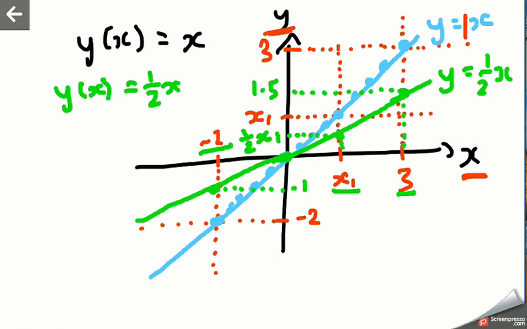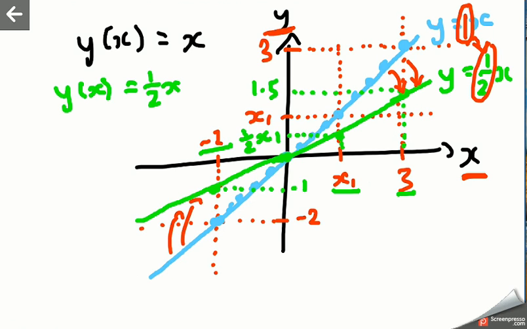By decreasing this number from 1 to 1/2, it decreases the slope of the line. It causes the line to rotate around like that, because all of a sudden my y values are only half as big for the same x value coming in. So the slope of the line decreases.